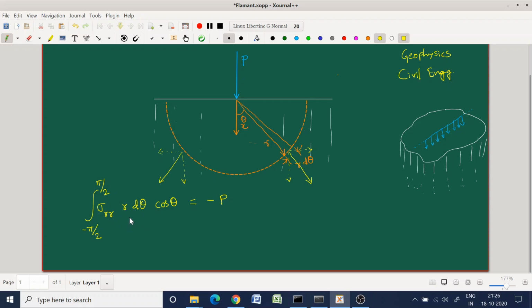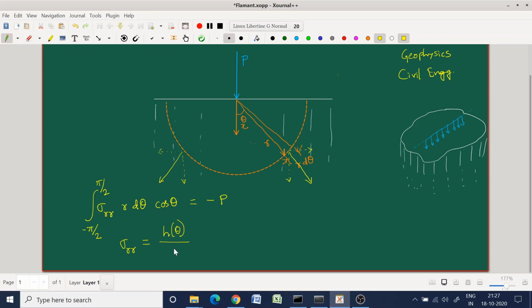What we can do is, we can think of it like this: suppose sigma rr is of this particular form, in the numerator there is some function of theta. We currently don't know what that is. If we knew it, half our job would be done. But right now we don't know about it. So let's keep it like this, some unknown function of theta, but a pure function of theta.